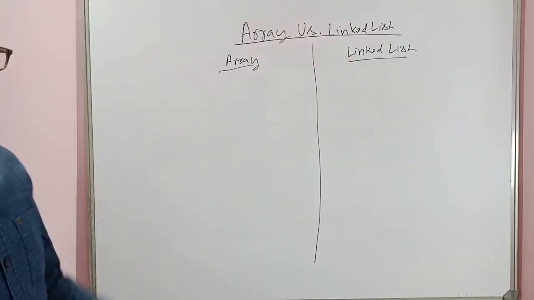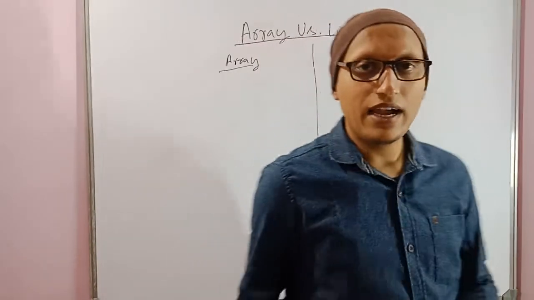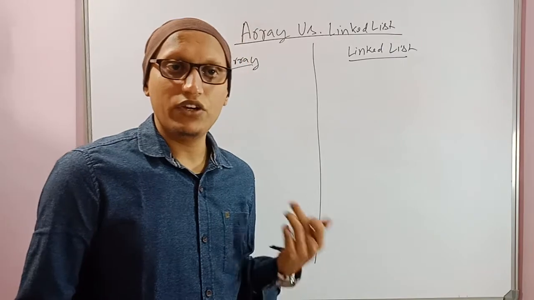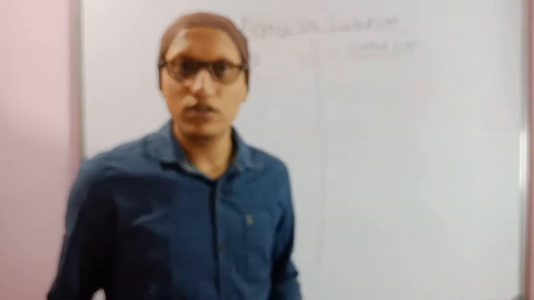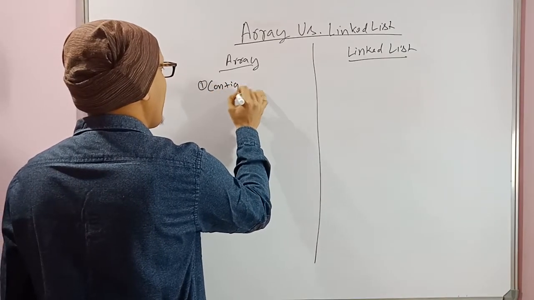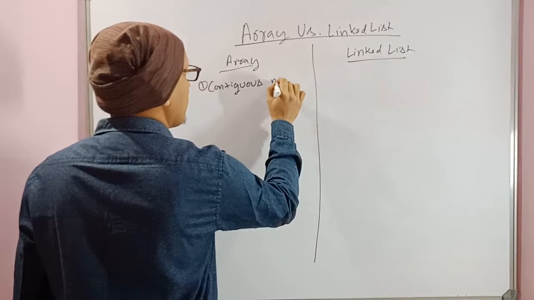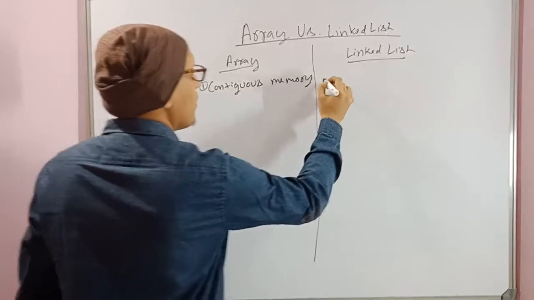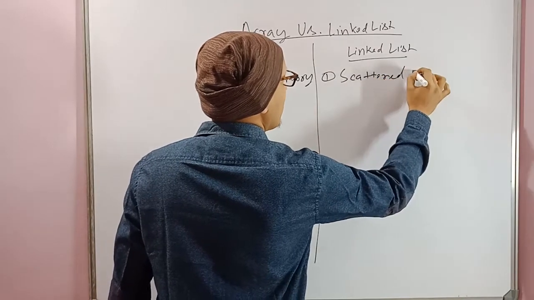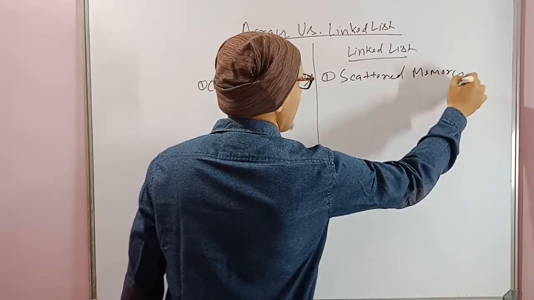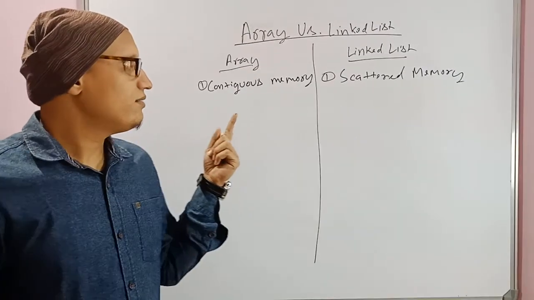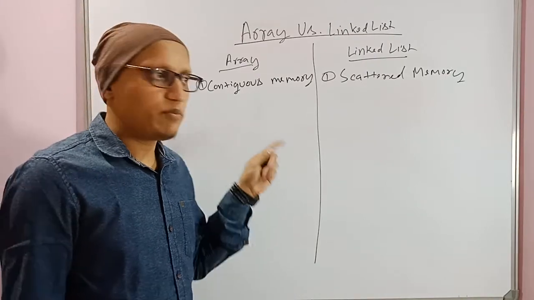Now we will start differentiating array and linked list. After differentiation, we will go through live examples: in what case we need to use array, in what case we need to use linked list. So for array, contiguous memory. For linked list, scattered memory. I just explained that in the definitions.